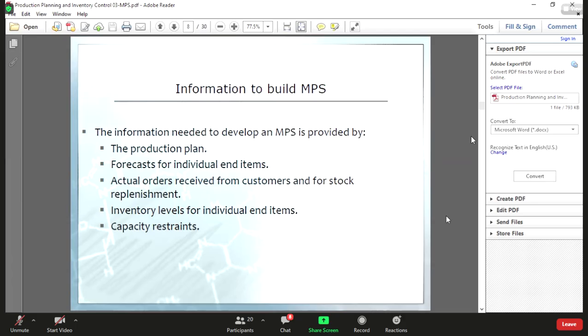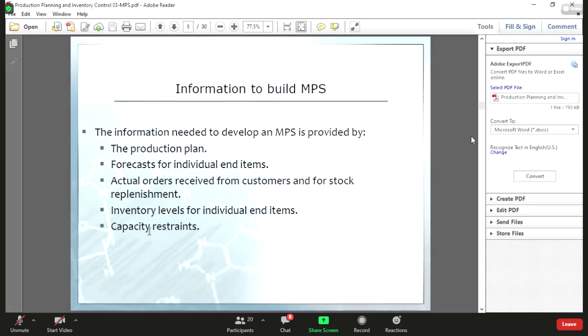So again, I remind you, in demand management, we need to consider the forecasting result and also the real order that comes to our company. And this real order usually comes from our special customer. It is called actual orders.